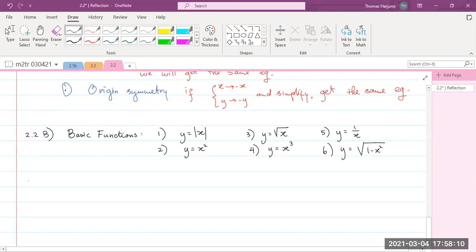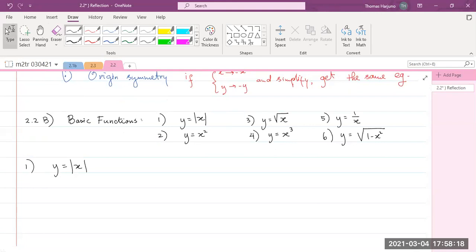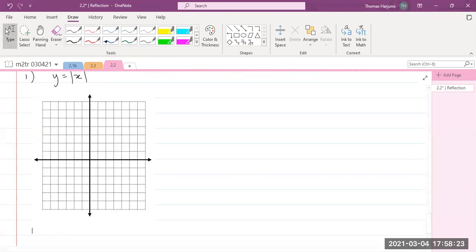Okay. The first one is the graph of y equals absolute value of x. It looks like a V with vertex at the origin.